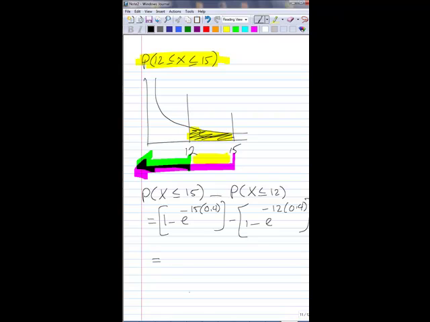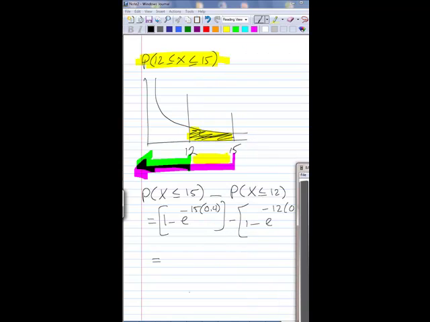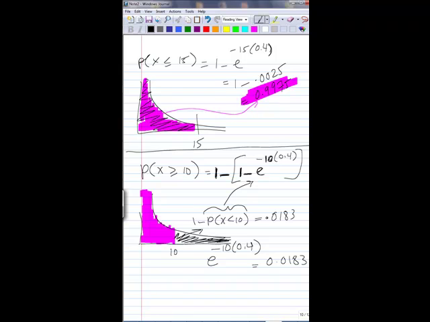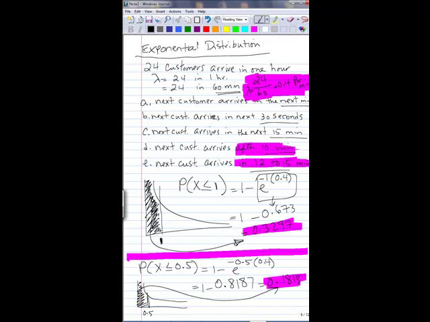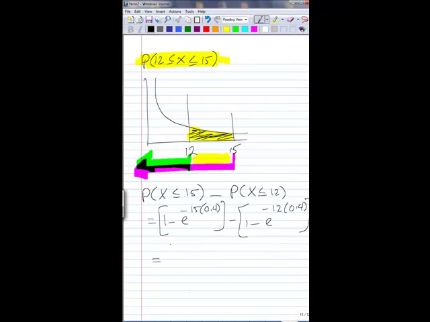Actually, I don't think I've done the 12 one, so I may have to repeat it here. X less than or equal to 15 we found to be 0.9975. So I can use that.